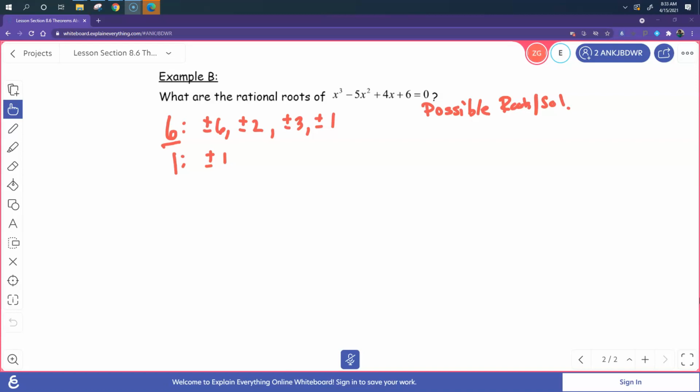It's going to be plus or minus 6, plus or minus 2, plus or minus 3, plus or minus 1, all divided by 1. So what are my possible factors? 6, 2, 3, 1.